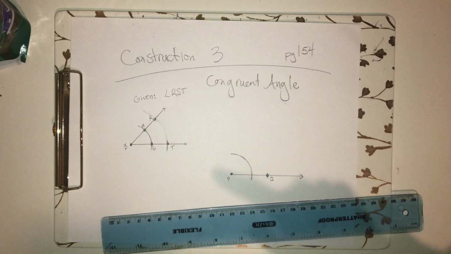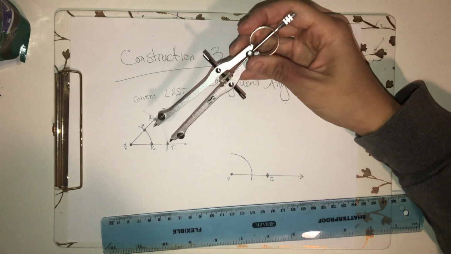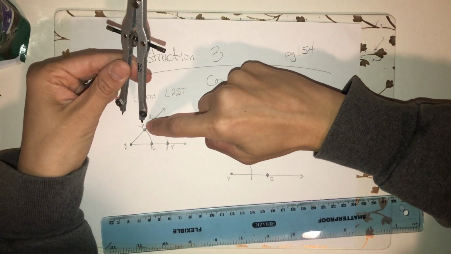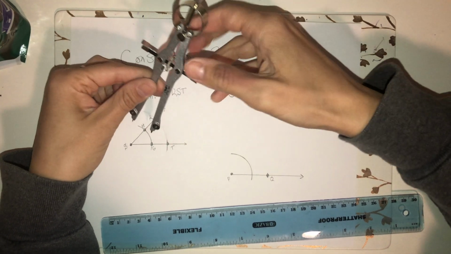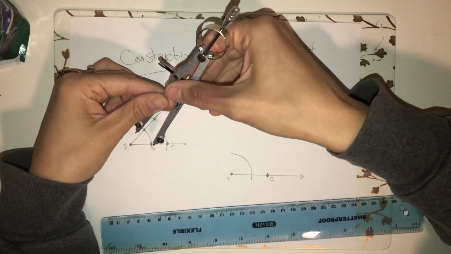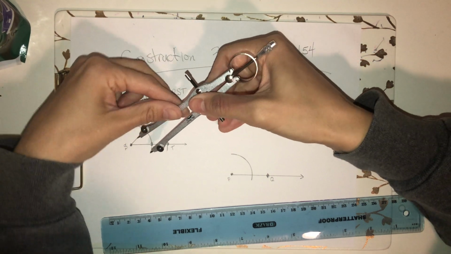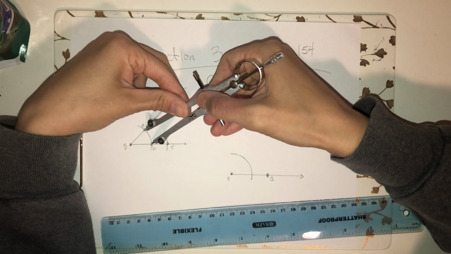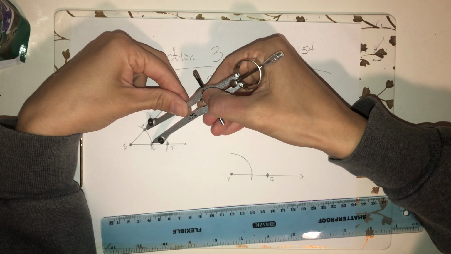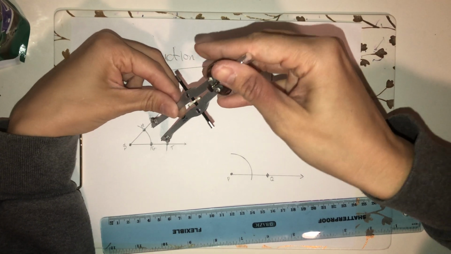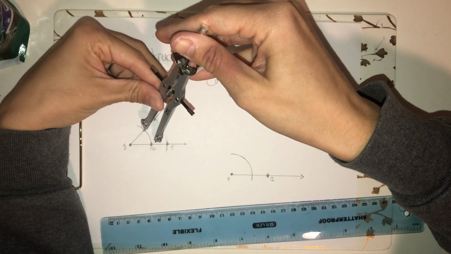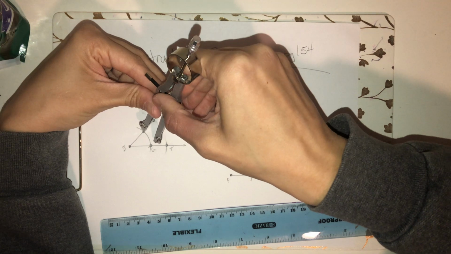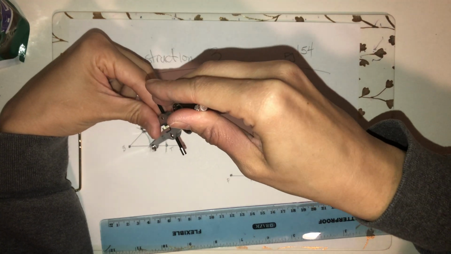The next thing you will want to do is possibly adjust your compass such that you capture the distance from G to H over here in the original given angle, okay? So I'm going to need to, for mine, tighten the compass radius such that I capture that distance. You could either center at H or center at G and just make sure that you are going through the point.